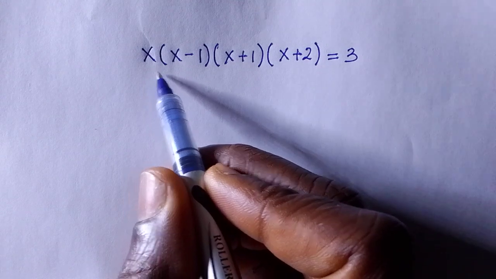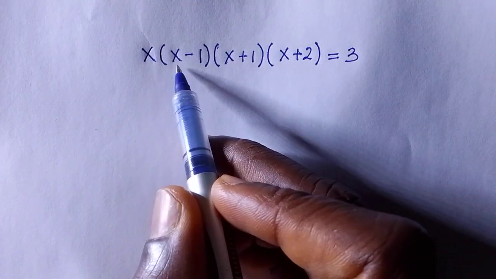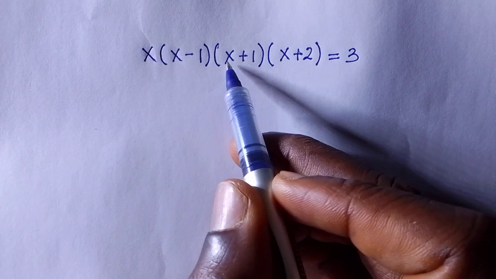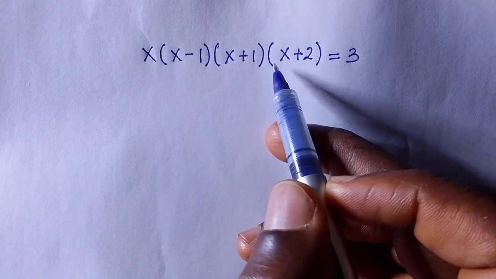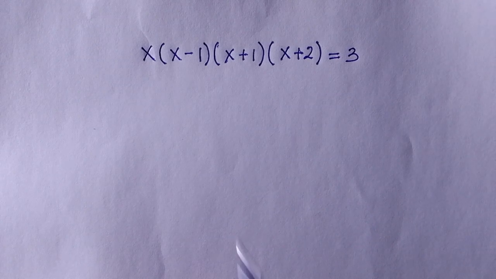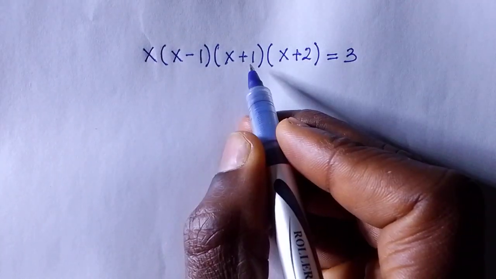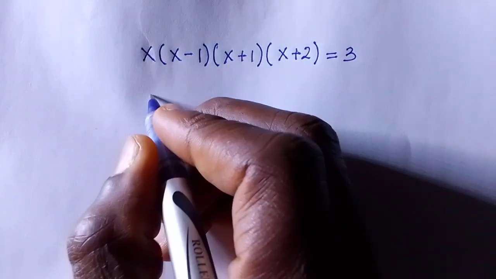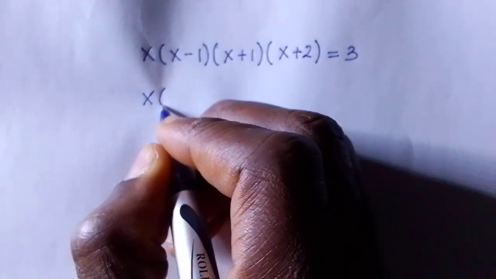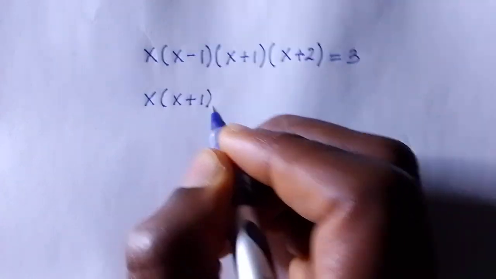So here we have an interesting algebra problem, which is x(x - 1)(x + 1)(x + 2) = 3. To solve this, we have to multiply x and x + 1 together, so we have x(x + 1).